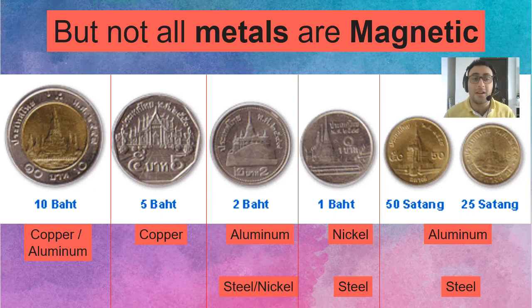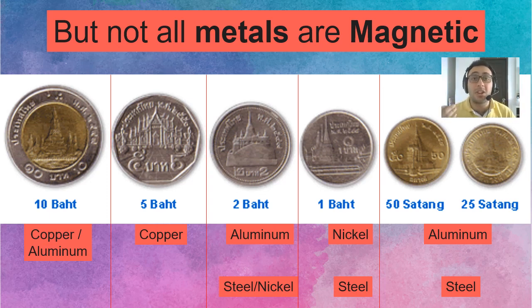Now next is 5 baht. 5 baht is made from copper. Now let's see if copper is magnetic. Nope, it's not because copper is not magnetic, right? Now let's see 10 baht. This is a 10 baht coin. It's made from copper and aluminum.